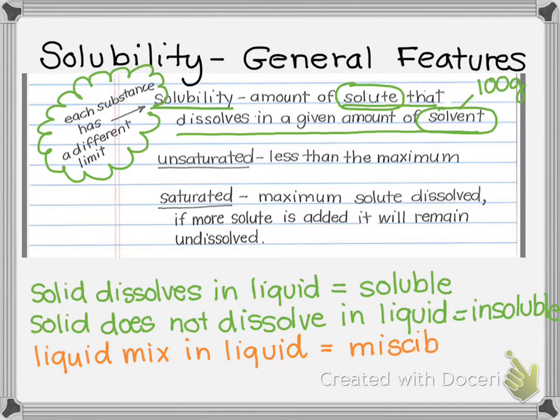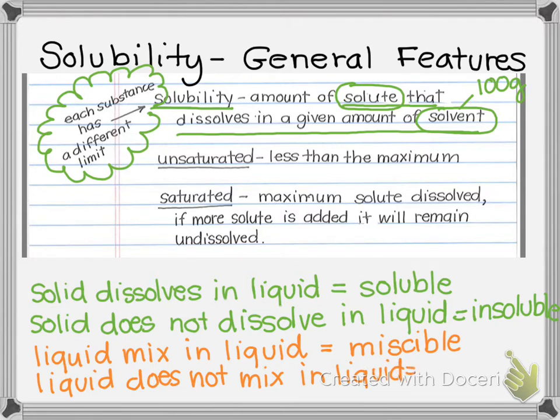So the word miscible describes two liquids that will mix with each other. If a liquid does not mix in another liquid, for example, oil and water, then that is described as immiscible.